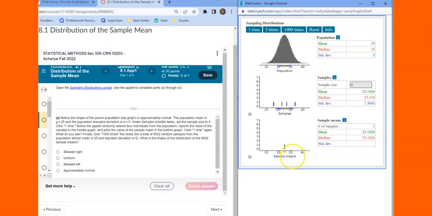Now choose another sample randomly. Click one time again. How many samples do you have so far? The number of samples is 2, because I chose 4 the first time, and again I chose another sample, and I get 2 samples and plot 2 sample means here.